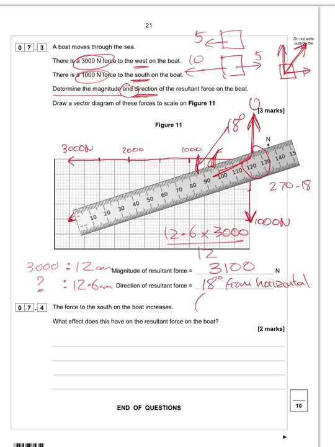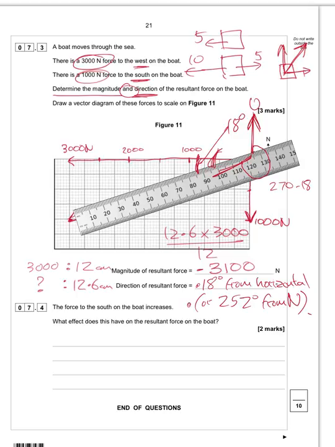So it has a bearing of about 252 degrees from north. You should have done those in maths, taking bearings. So your answer is 3,100 newtons, and it is 18 degrees from the horizontal, or 252 degrees from the north.